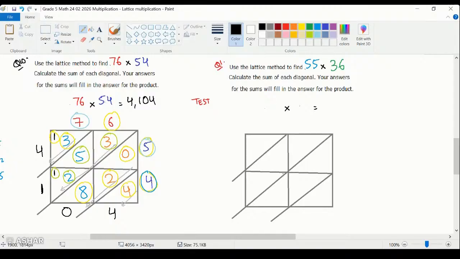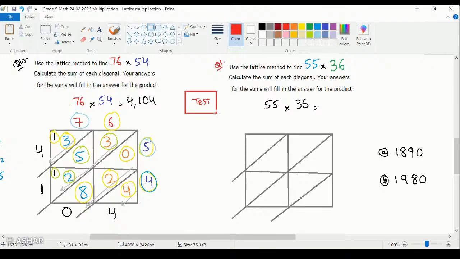Write it again, 55 multiplied by 36. The options given are option A, 1890 and option B is 1980. So either option A or option B. Let's see which option is the correct answer.